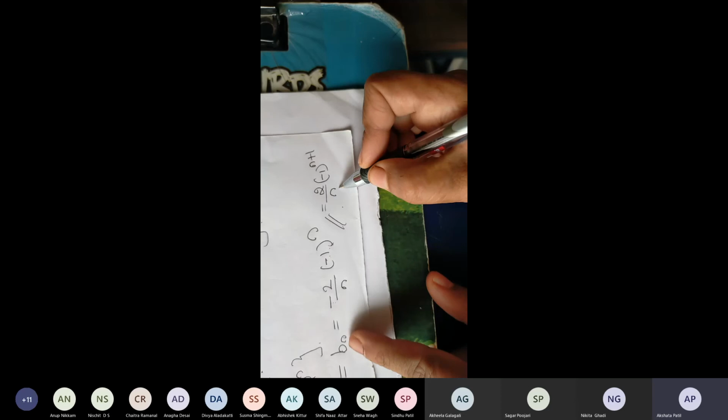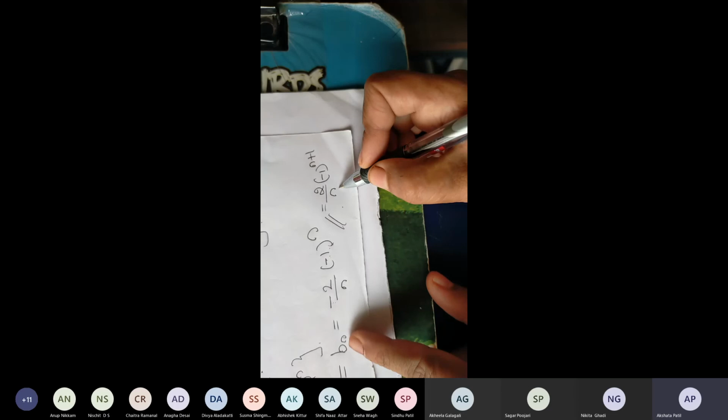So directly write down the Bn term: summation n equals 1 to infinity, Bn sin nx. Bn value is 2 by n times minus 1 raised to n plus 1, sin nx.